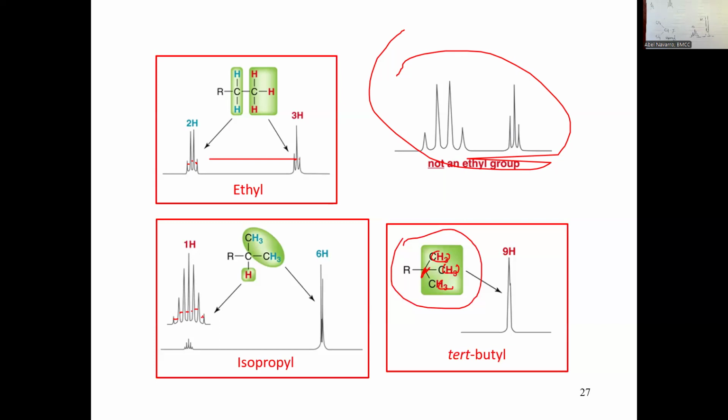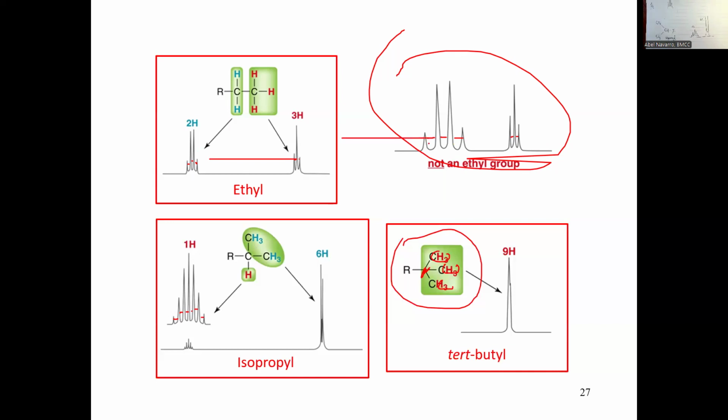So in other words, what I'm trying to tell you is that this is not an ethyl group. Why? Because the splitting should be comparable. For example, that's a large splitting versus this one is a small splitting. So this is not an ethyl. The splitting should be similar. Even though they might not be identical, they cannot be that different.